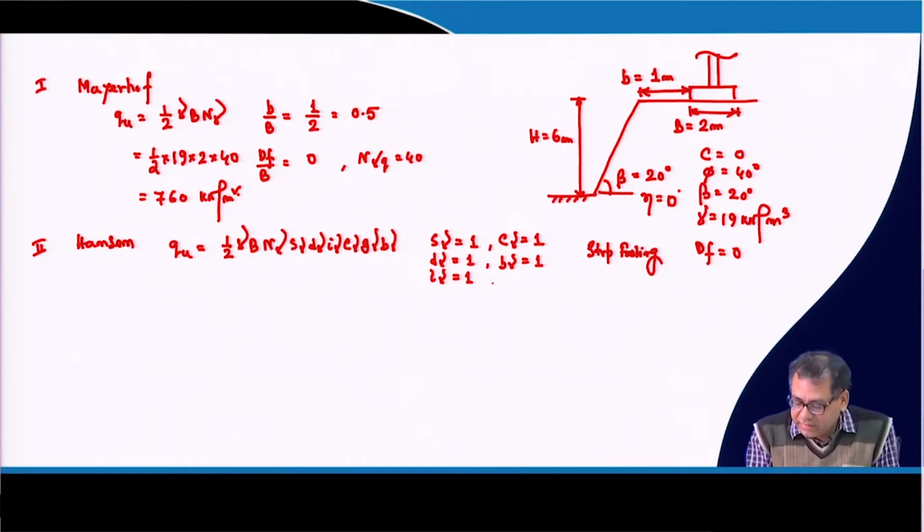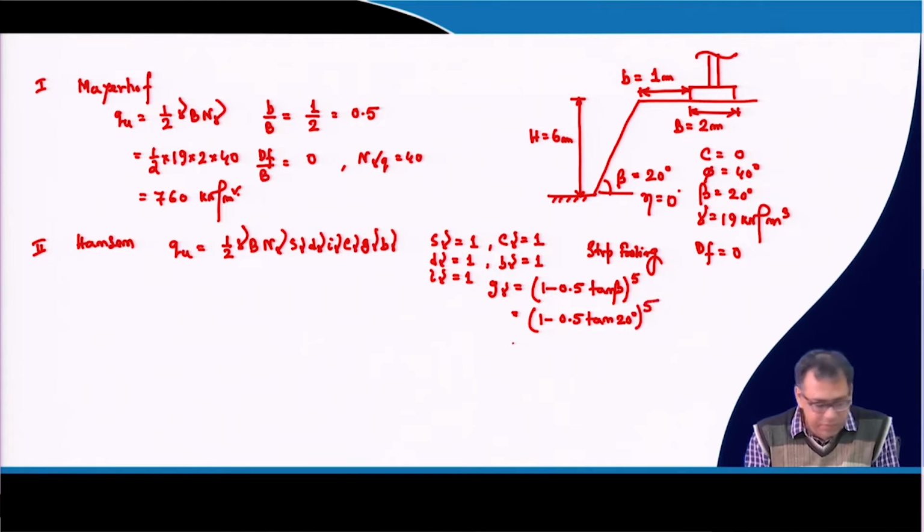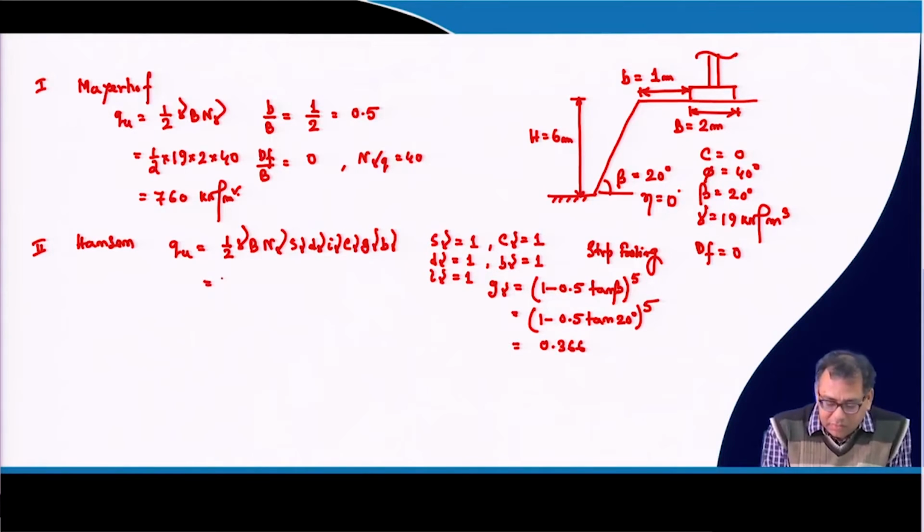So only you have to calculate the G gamma. As per Hansen, G gamma is the ground factor on the sloping ground. That is 1 minus 0.5 tan beta to the power 5. So you can write 1 minus 0.5 tan beta, where beta is 20 degrees, to the power 5. So this is 0.366. All these other values are 1, so I am not writing them.